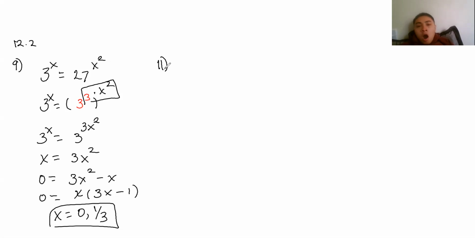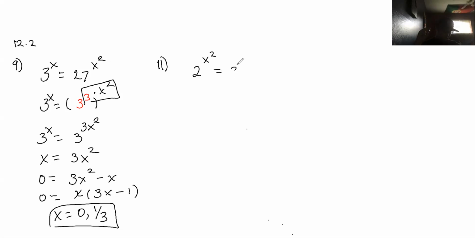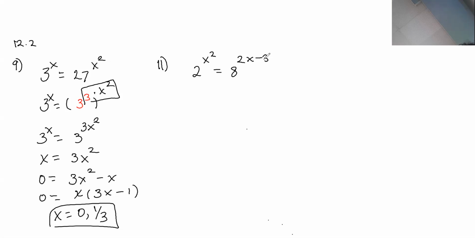Number 11, 2 to the x squared equals 8 raised to the 2x minus 3. All right, get them both to the same base. What's that same base going to be? 2. So 2 to the x squared is going to stay. 8 is going to change. 2x minus 3 is going to stay the same.